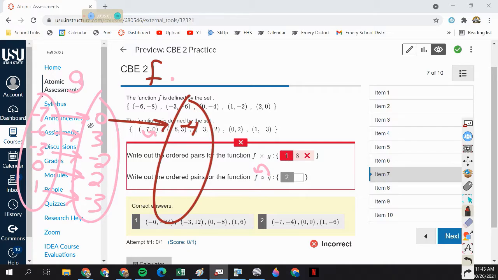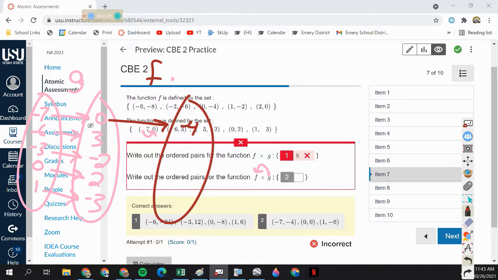What does f do to 3? There is no 3 in f, right? So it doesn't belong to f of g because there is no 3 in f. Okay? What about -2? It's not in there, so it doesn't go anywhere.